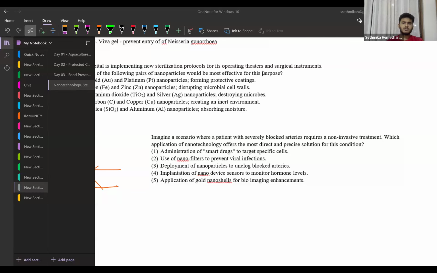Implementation of nano device sensors to monitor hormone levels. That's again not related to this. Application of gold nanoshells for bioimage enhancements.